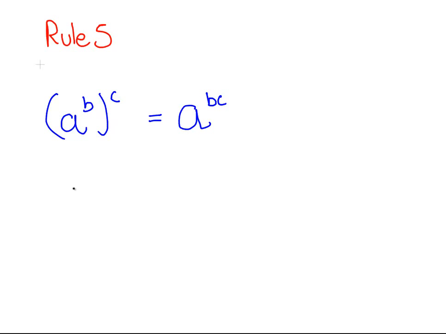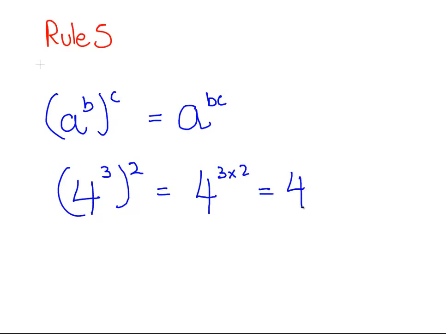For example, let's say 4 to the power of 3, all squared. We write that as 4 to the power of 3 times 2, and that's equal to 4 to the power of 6. And then you evaluate it like that. This is a very straightforward one.